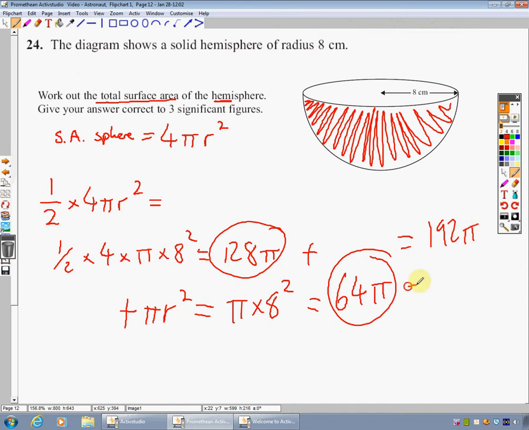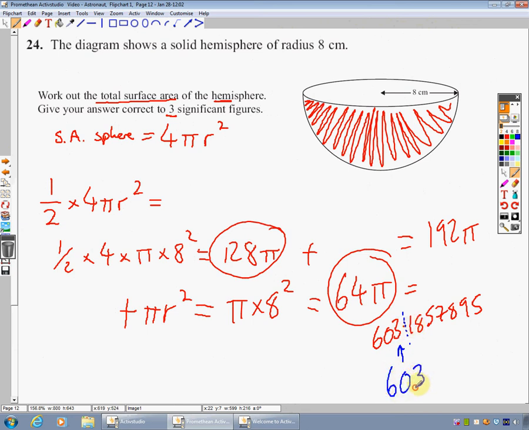So I'm going to go 1 significant figure, 2 significant figures, 3. It's going to go there, so I'm going to cut off just after it. Is it going to stay at 3 or go up to 4? So 1 there, so it's going to stay as a 3, 603. And are we talking any units? Here we are, we're in centimetres, and this is an area, so this is centimetres squared.